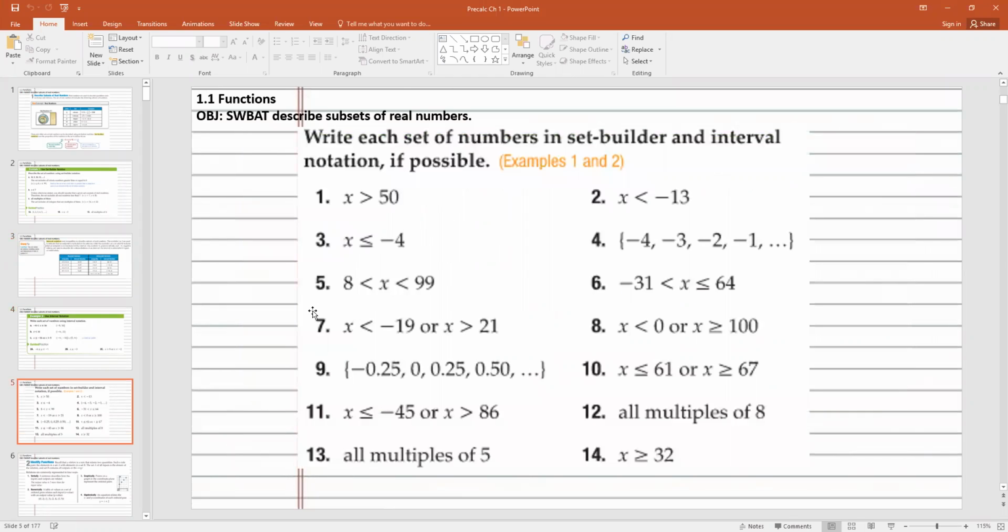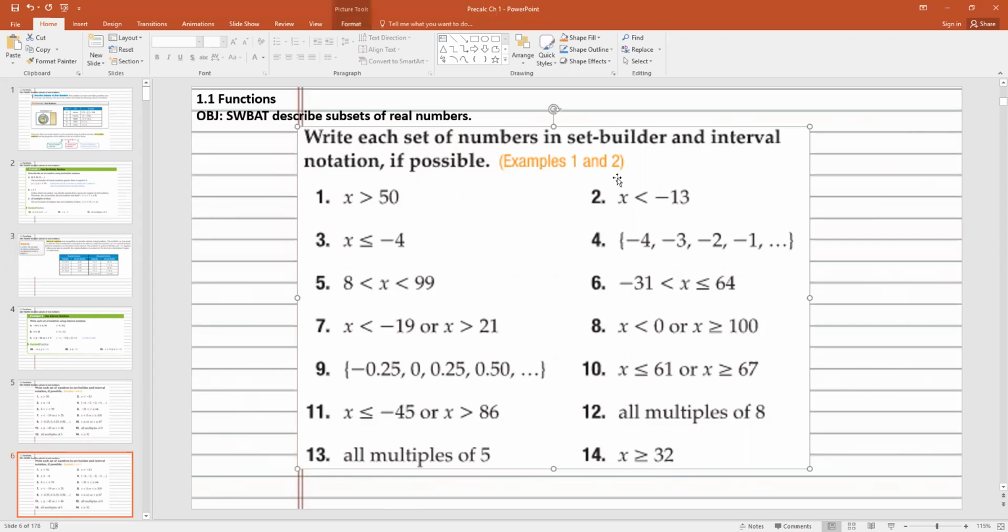All right, so there was an example there. And here we go. It says write each set of numbers in set builder and interval notation if possible. So let's do this.